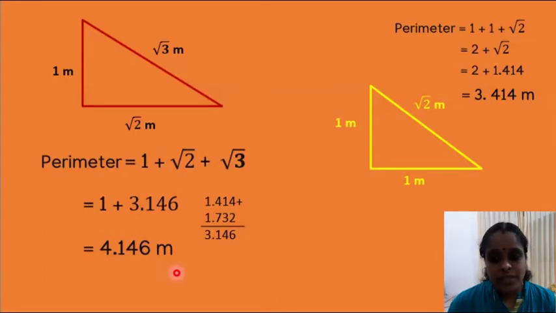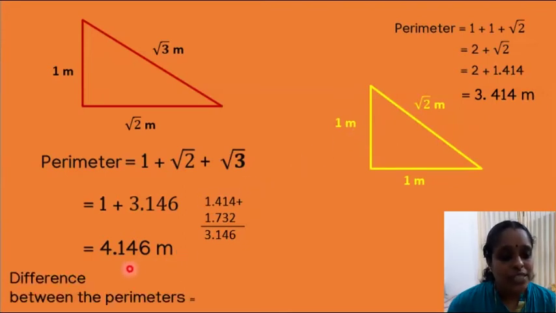Then how much more is the perimeter of this triangle than the perimeter of the first one? For that we find the difference of the perimeters of these two triangles. That is, the difference between the perimeters is equal to 4.146 minus 3.414 and this is equal to 0.732.